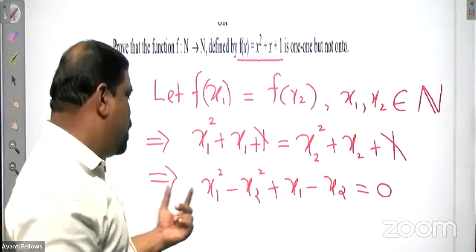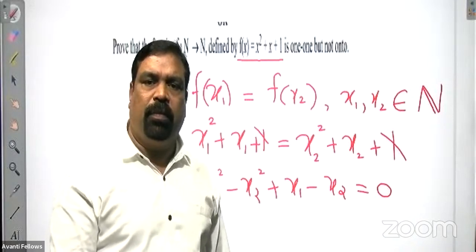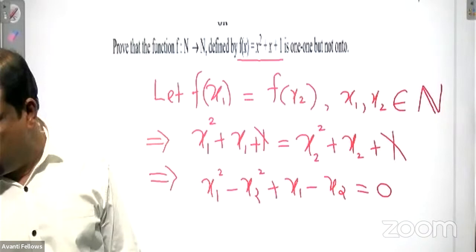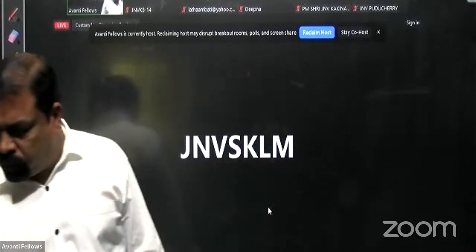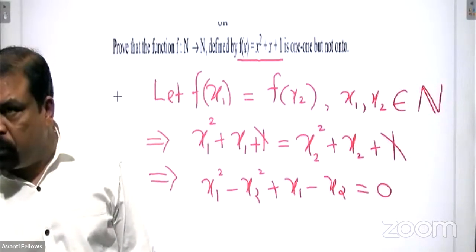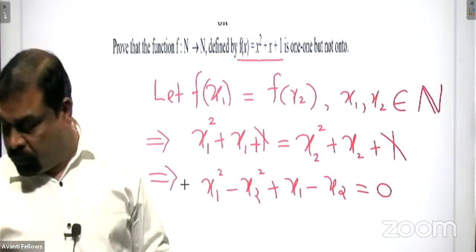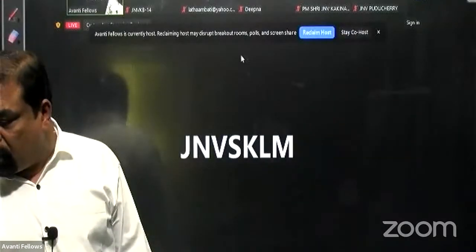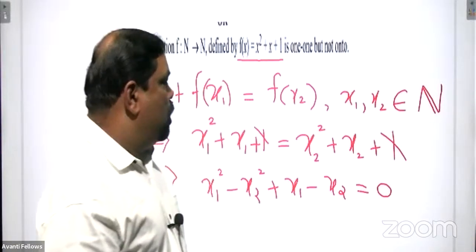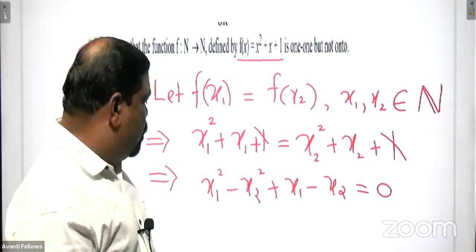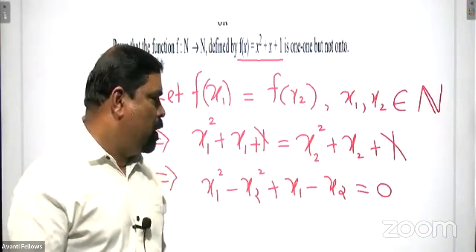Then shift everything to the left side, you will get x1 square minus x2 square plus x1 minus x2 equal to 0.